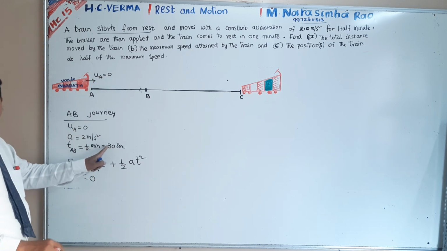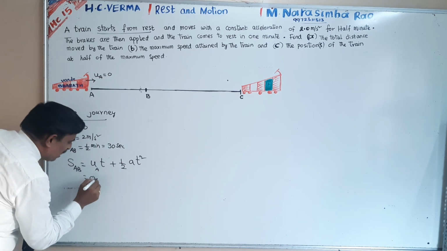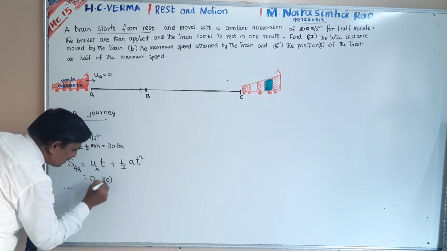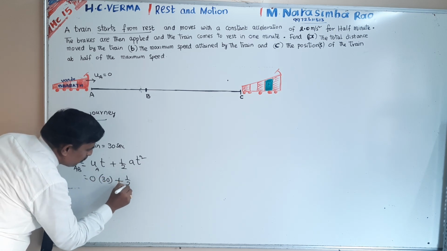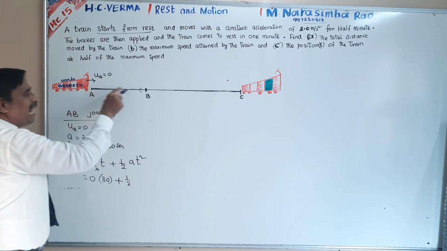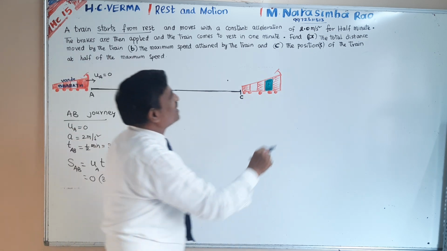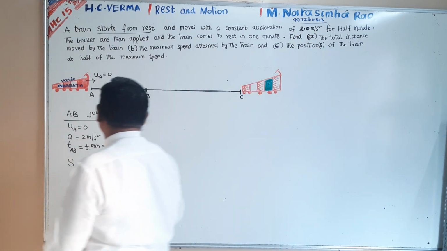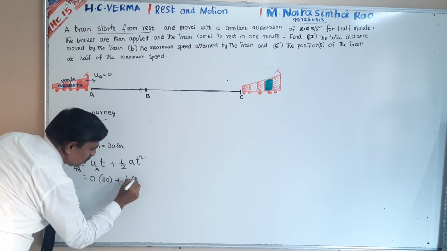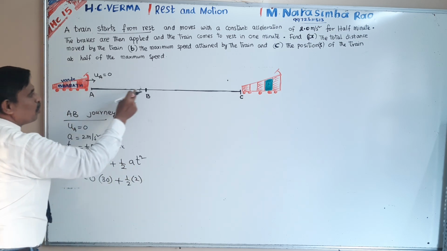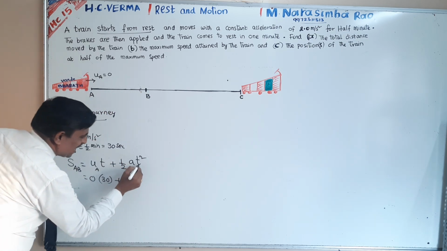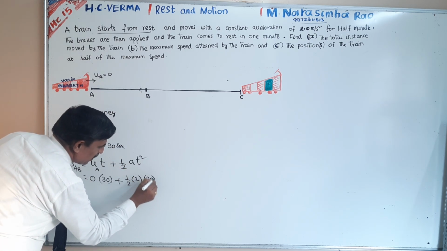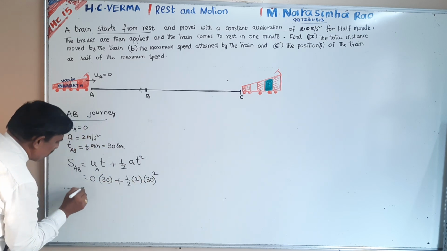Time, half a minute means T is 30 seconds. Acceleration from A to B is 2 meters per second square. Time from A to B is 30 seconds.